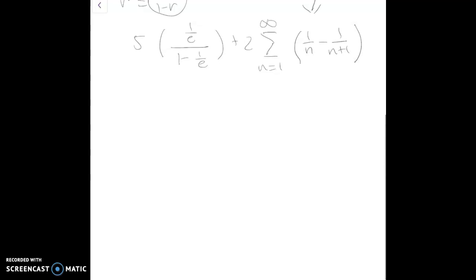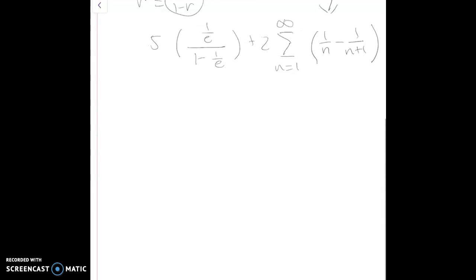So we want to get 5 over e minus 1. In order to get this, we have to do 5 times, and then we would multiply the numerator by the reciprocal of the denominator, which is 1 over e times e over e minus 1.